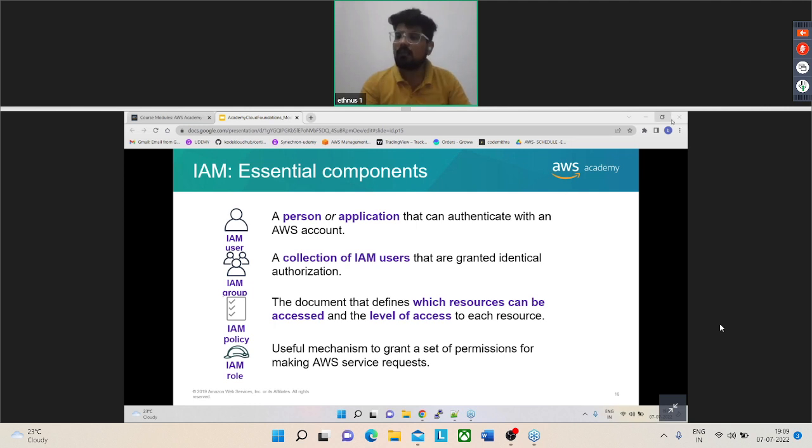What does that mean? AWS resources means your EC2. EC2 is an AWS resource. Services are the resources. So when I say AWS resources, it means your EC2 service, your S3 service, your VPC, etc. It is used to control your AWS resources and user access to your AWS account.